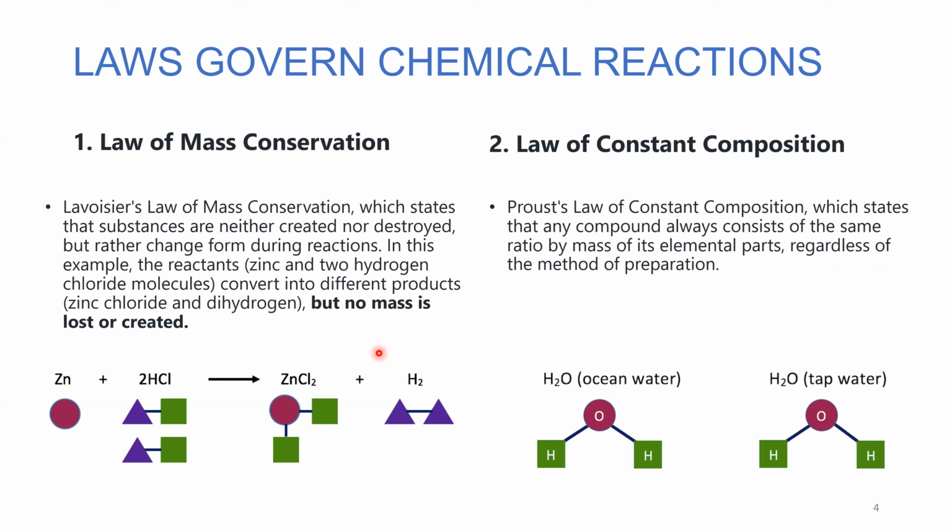Now you can ask, sometimes when you burn a very large amount of something, at the end you get only a very small residue, so you may think that mass has been lost. That is totally wrong. Basically, the mass has not been lost.